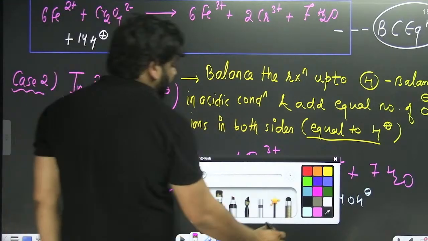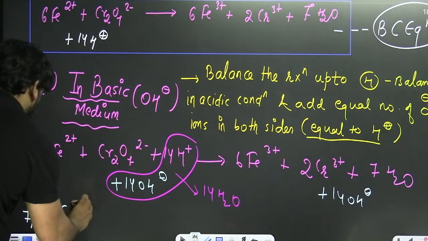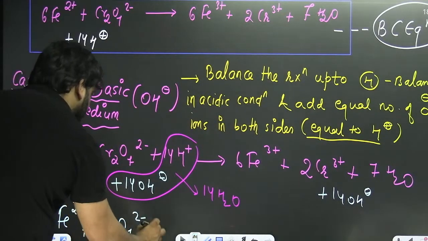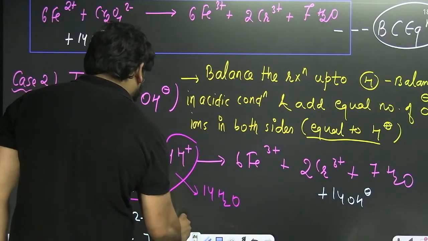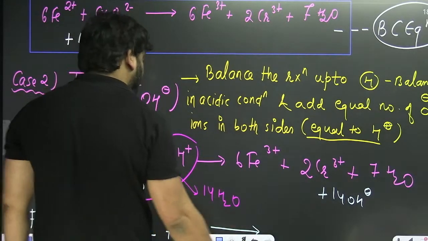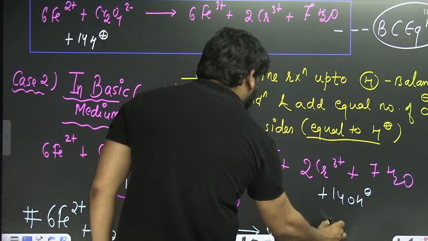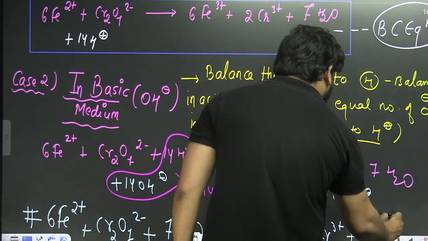What will the final balanced chemical equation be? The final balanced chemical equation will be 6Fe2+ plus Cr2O7 2- plus, this is 14 and there is 7, so you will get 7 H2O remaining. 7 H2O gives us 6Fe3+ plus 2Cr3+ plus 14 OH minus ions here, because water has been eliminated.